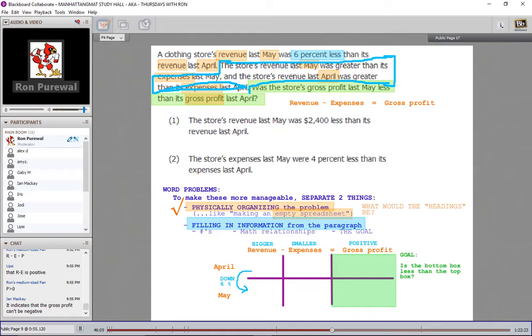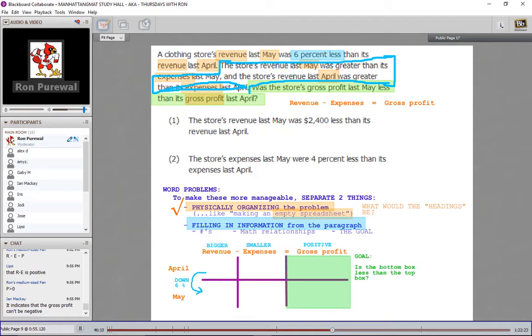Remember, there's two possibilities for this. We've talked about making a specific device for yes/no type questions in other study halls. If you know how to do that, you should do it right now. If not, you can watch those other study halls in the archive. One possibility is yes, the bottom is smaller. The other possibility is no, the bottom is equal or greater. Let's put those both in symbols.